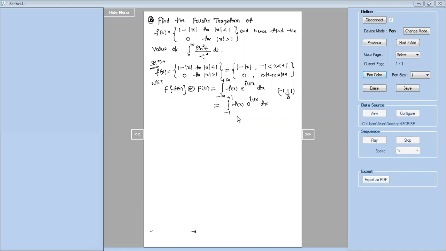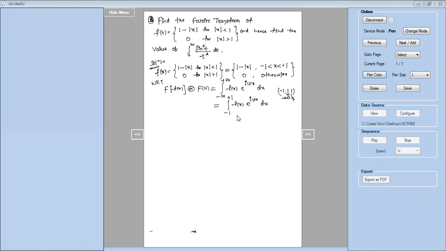Minus 1 to 0 is a negative interval, whereas 0 to 1 is positive. That means in minus 1 to 0, the mod x value becomes minus x, and in 0 to 1, the mod x value is plus x.